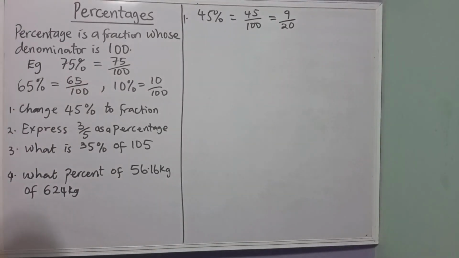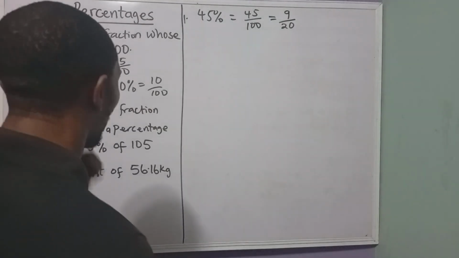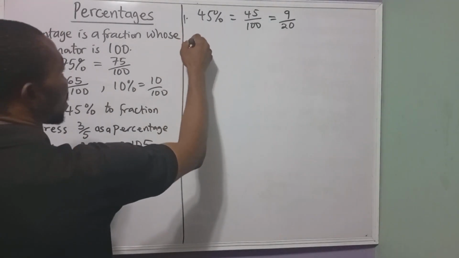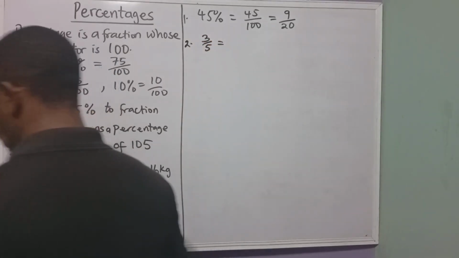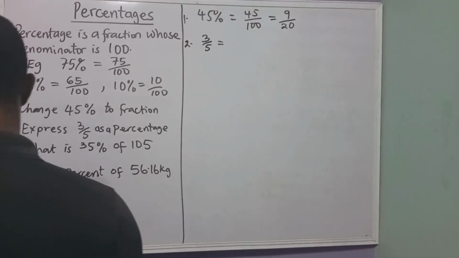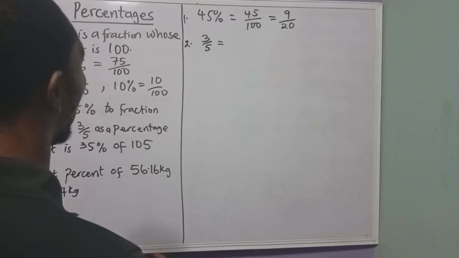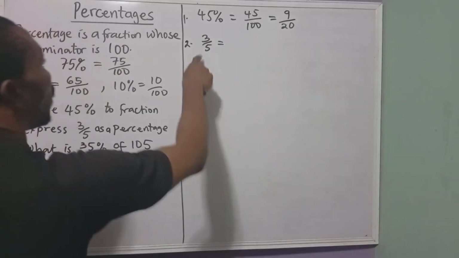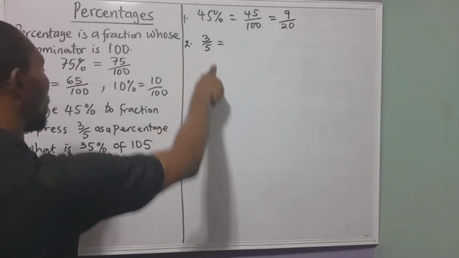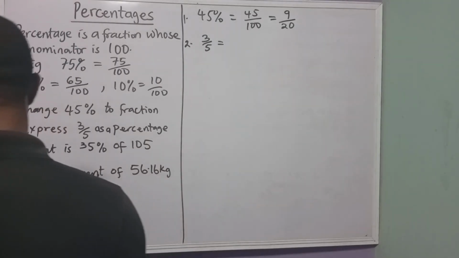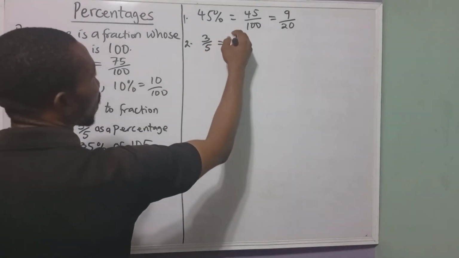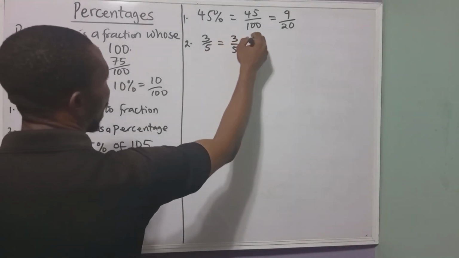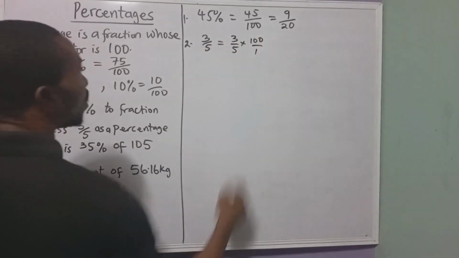Question 2 says express 3 over 5 as a percentage. To express 3 over 5 as a percentage, we multiply it by 100 to ensure that our base is in percentages. So we have 3 over 5 times 100 over 1.